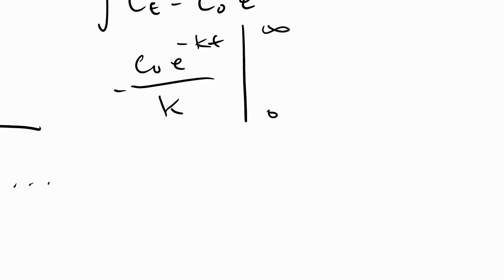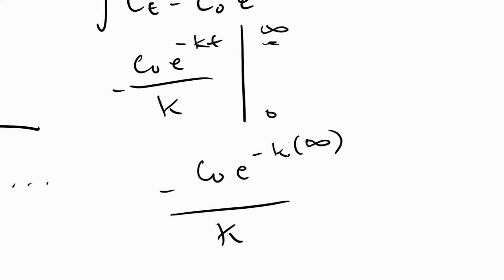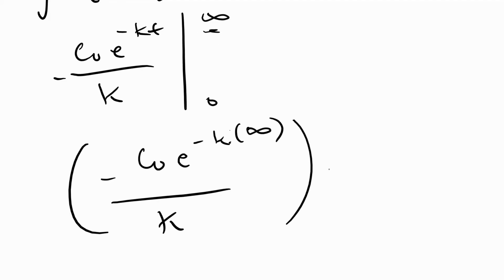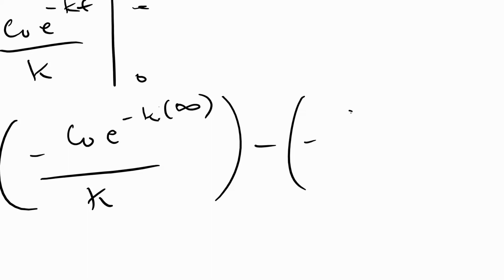And when you solve it out, you do the highest one first. What you do is plug it into the t. So you take that, negative C0 e to the negative kt, at infinity, over k, then parentheses minus negative C0 over k, at 0.